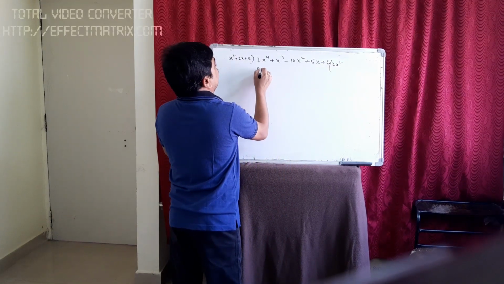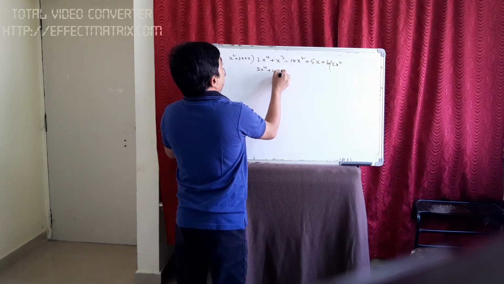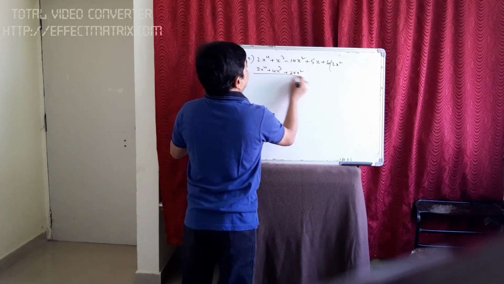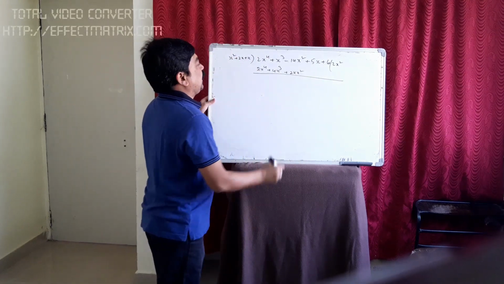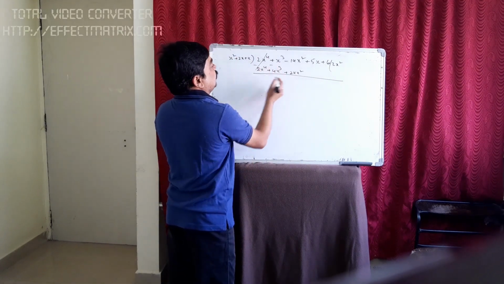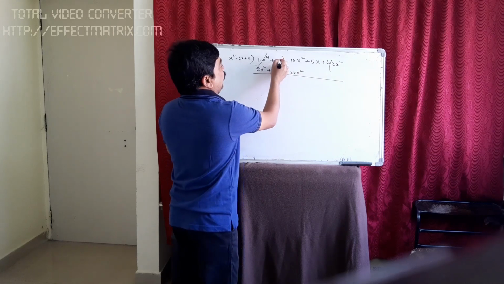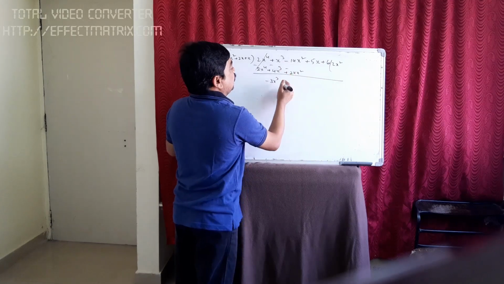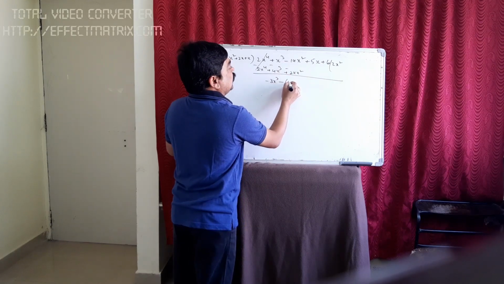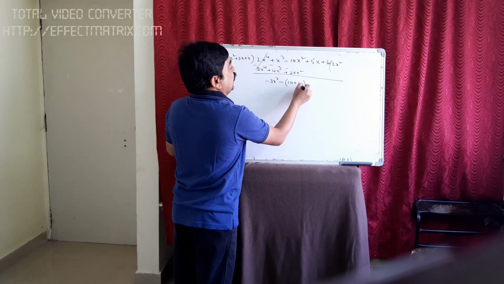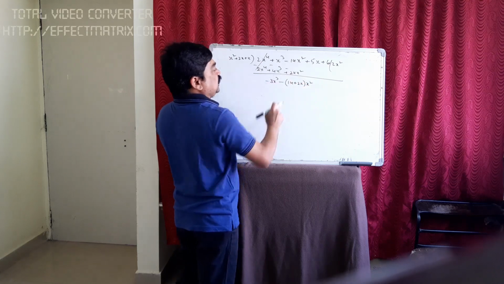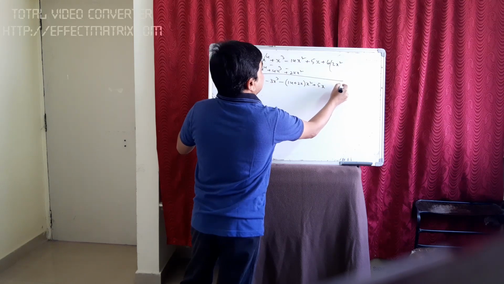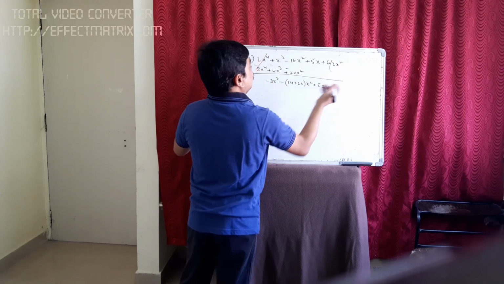It becomes 2x power 4 plus 4x cube plus 2kx square. Subtract, change the symbols. It becomes x cube minus 4x cube, minus 3x cube. Minus and minus, you take minus common. It becomes minus 14 plus 2k of x square, because I took minus common here. Plus 5x plus 6, we write later, but you can write here also.